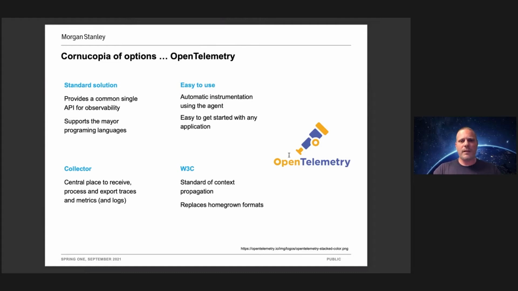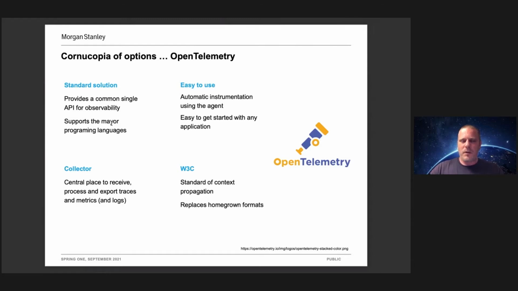So OpenTelemetry came into play, which is a standard solution that provides a common single API for observability. It's also open source and is free to use. And it supports the major programming languages. And let me just highlight that it supports the major programming languages, because there is a typo there.